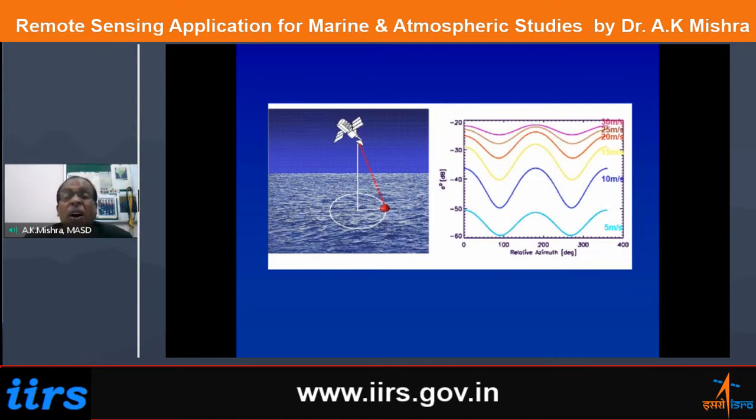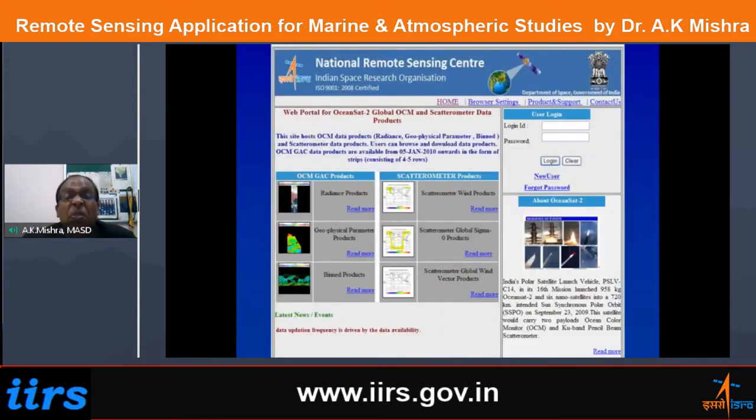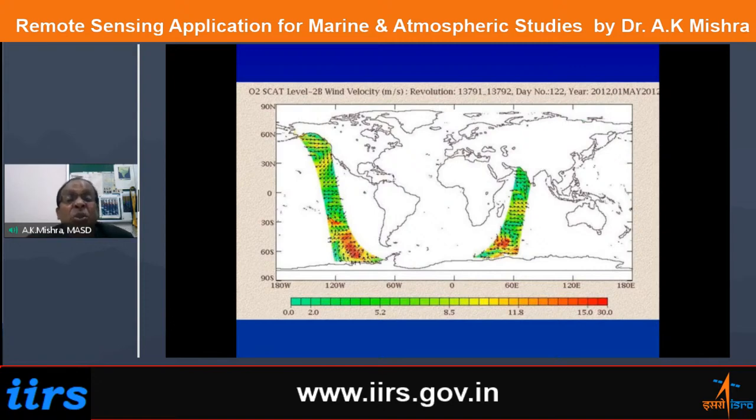So from this backscatter information, you get the wind speed and wind direction from the scatterometer data, and the data is available at the National Remote Sensing Centre. Some is free of cost. You can use this data.